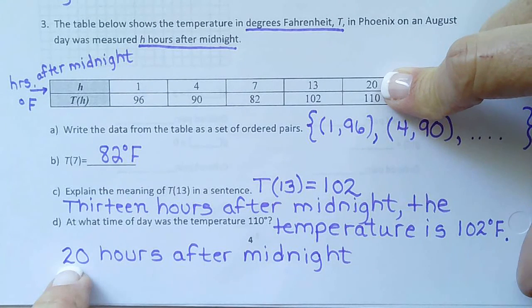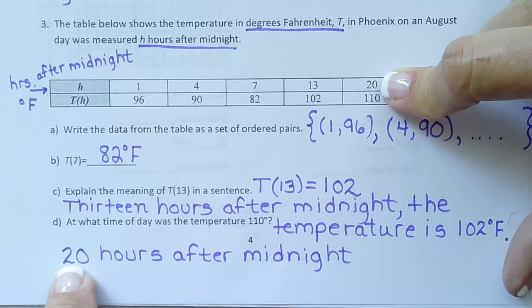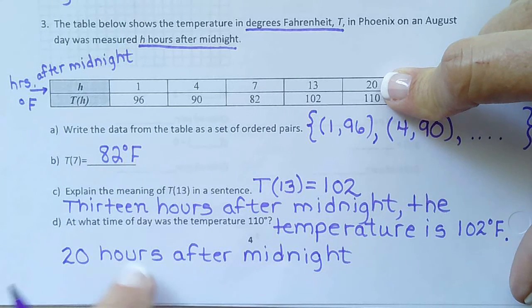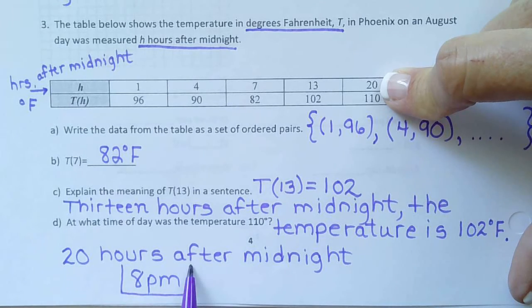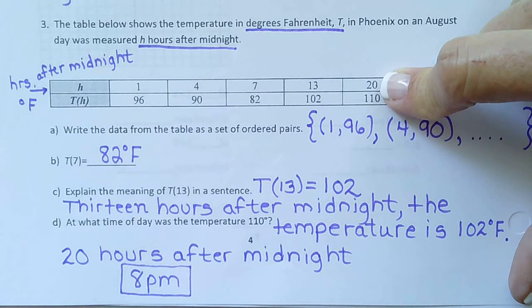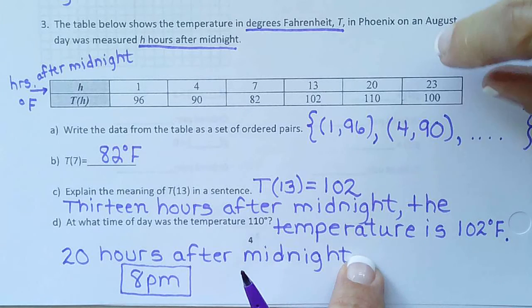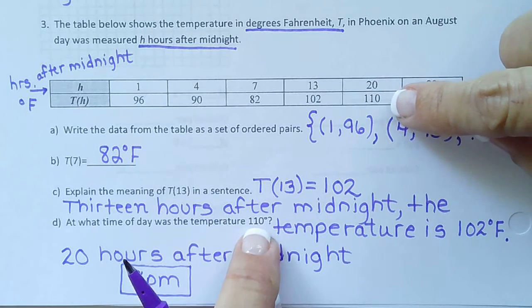So 12 hours would be noon. Add 8 more hours to that, so it would be 8 p.m. Or you could say 4 hours short of midnight, because you're going around and you're 4 hours short of midnight, which would be 8 p.m. as well. So at 8 p.m., the temperature is 110 degrees.